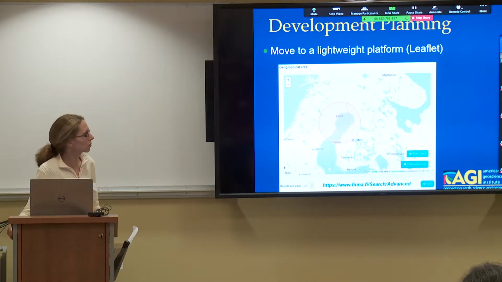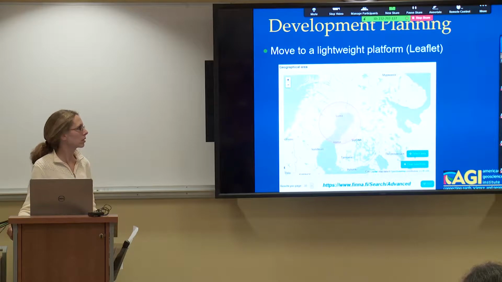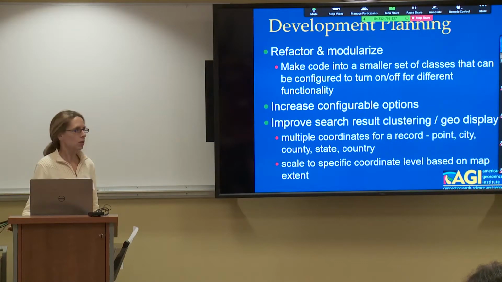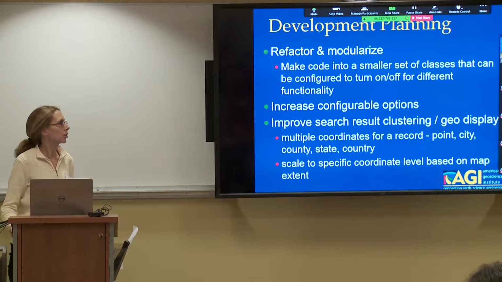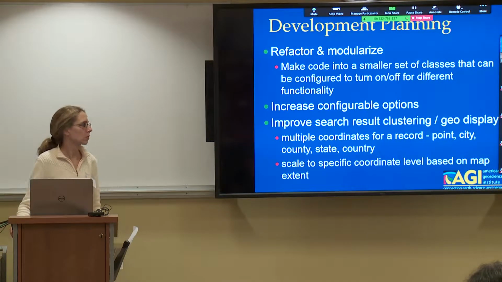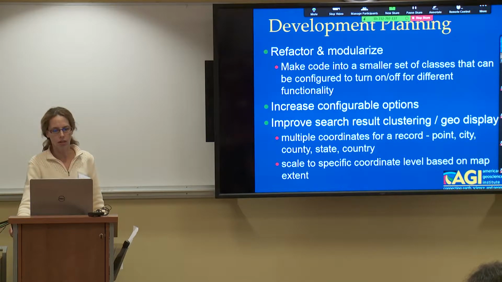Here's an example from the National Library of Finland with their geographic search, which is really cool. I love this. Very clean, very easy to use. That's one thing that I'm going to be working on today at the Hackfest, starting to pull that together. And then there's a whole bunch of other ideas that have been floating around that are starting to consolidate, and some ideas that came out of yesterday's talks.